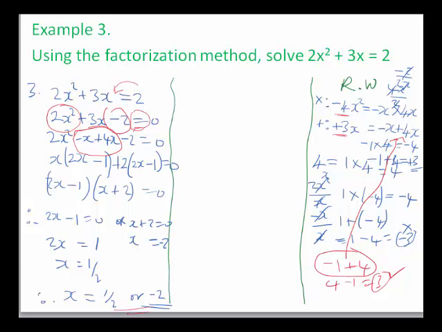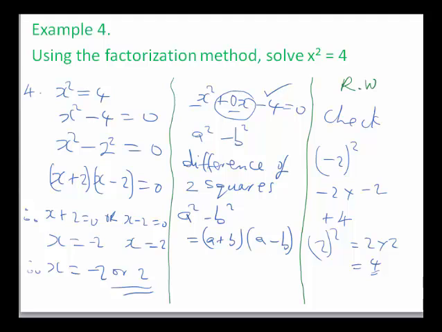Then finally, we equally discussed how to solve an equation of the form x squared is equal to 4. Okay, then bringing 4 to the other side of the equation, we have x squared minus 4 is equal to 0. Is this a standard quadratic equation in that form? Yes.